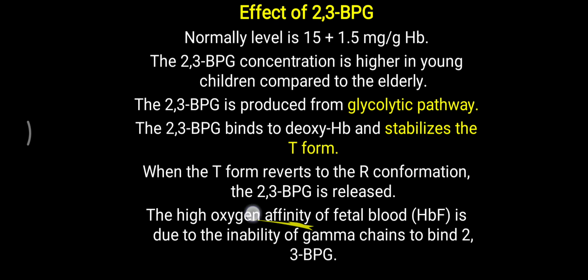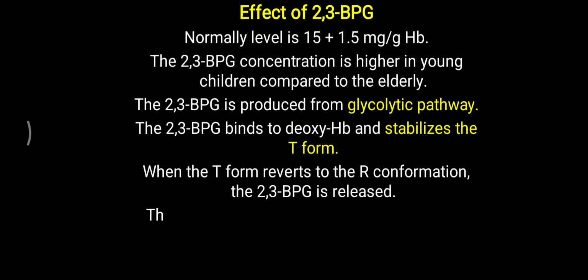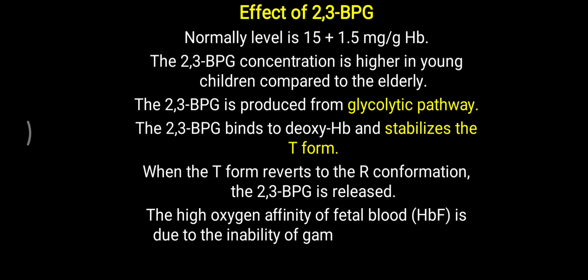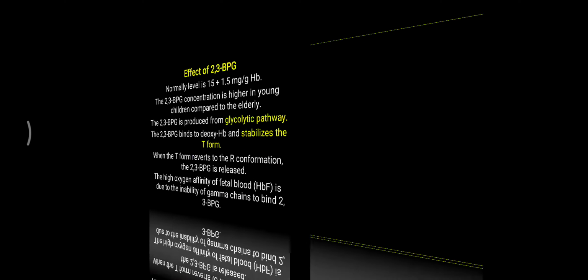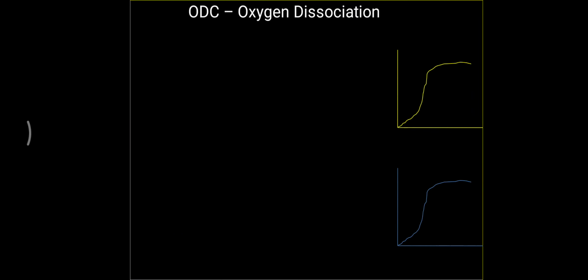The high oxygen affinity of fetal blood is due to the inability of the gamma chain to bind 2,3-BPG. Fetal hemoglobin contains the gamma globin chain, which has no interaction with 2,3-bisphosphoglycerate. So 2,3-bisphosphoglycerate will not affect or interact with fetal hemoglobin, and that provides more oxygen to the fetus. That is the main effect of 2,3-BPG and the main function of fetal hemoglobin also.